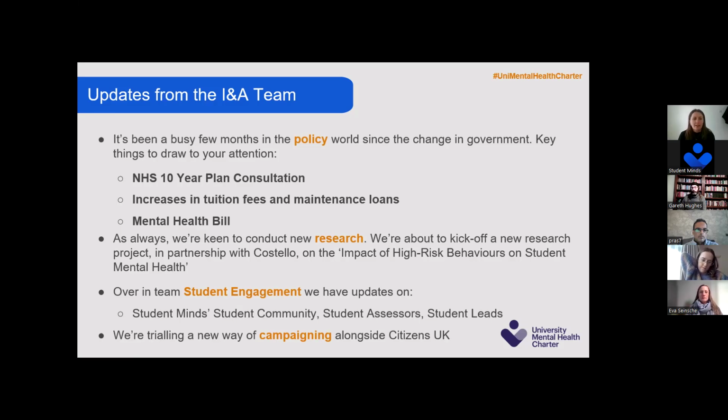And finally, we are trialing, there's lots of new stuff on this, I realise. My brain is also trying to get a hold of it all, so excuse me if this seems overwhelming. We are trialing a new way of campaigning alongside Citizens UK. Citizens UK are an organisation of experts in community organising, and that is an approach that we are trying to embed at Student Minds.